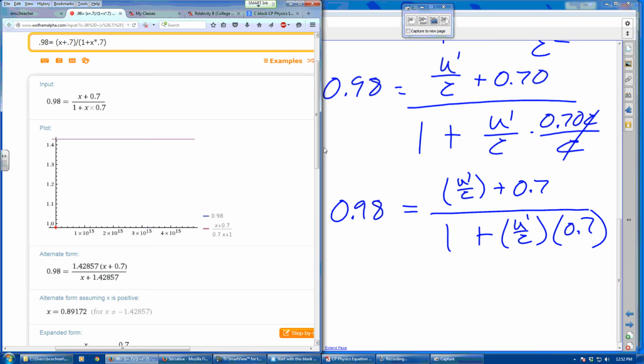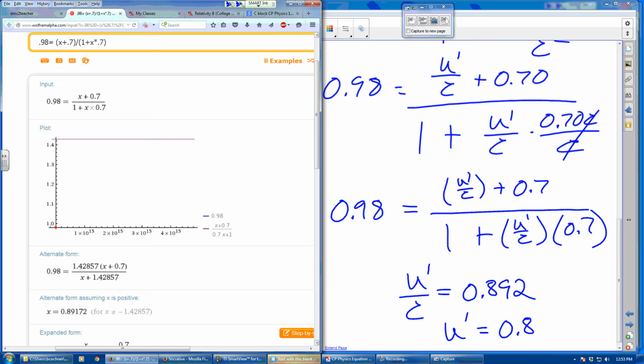So my U prime over C, remember, is the box that I'm trying to fill in, is 0.892. So U prime is about 89% the speed of light. And I bet that's right. Let's see if I got it right.